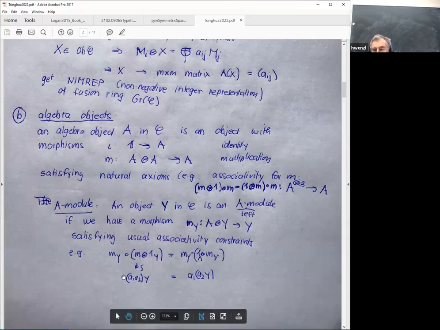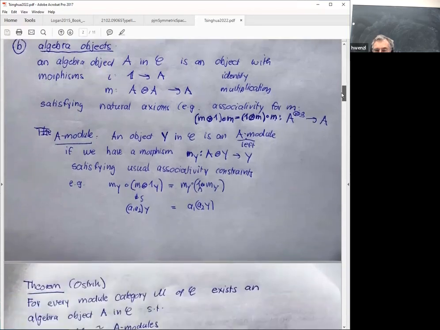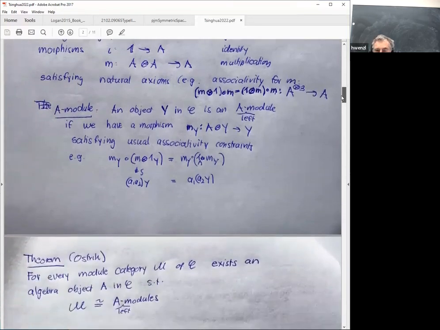So basically, if you look at the lowest line, the obvious thing A1, A2 tensor Y should be the same as the right-hand side. And then you just write it out in terms of these maps, and then you get the identity in the line above. Okay, so this is all just some basic abstract nonsense.